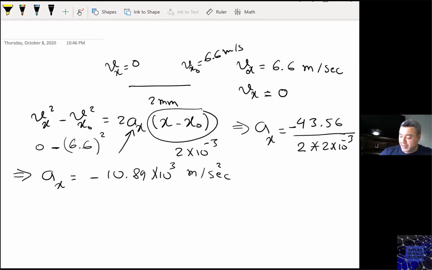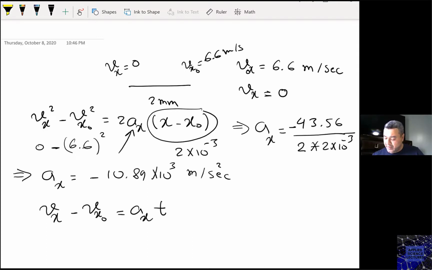How much time? Then you can go to the equation that has the time here, which is Vx minus Vx naught equals ax t.